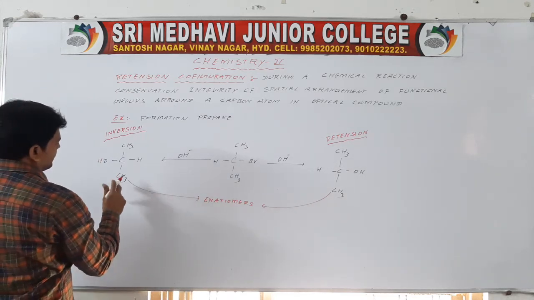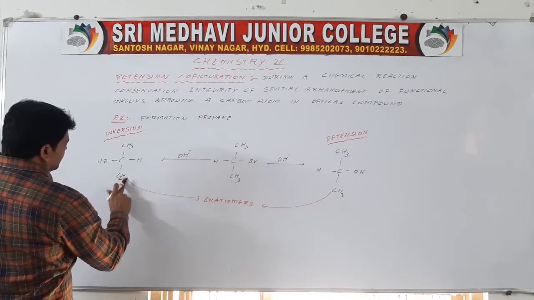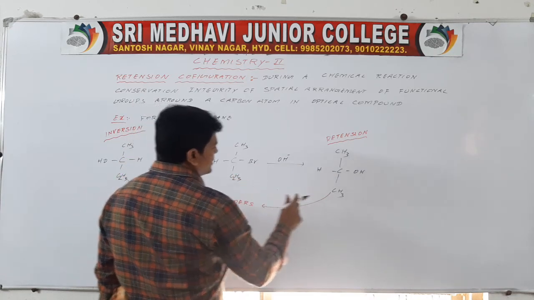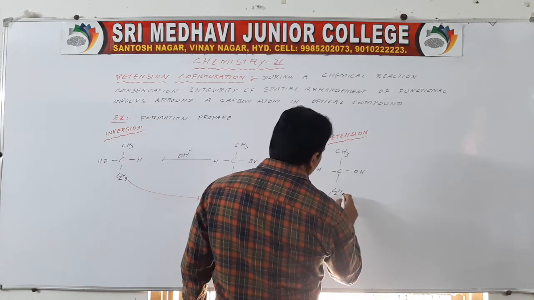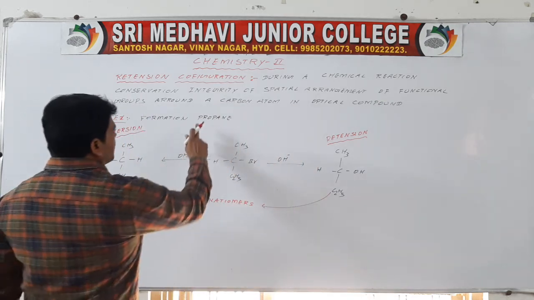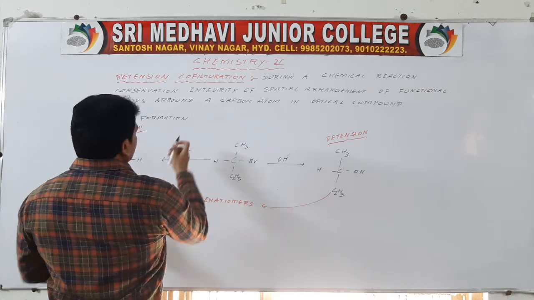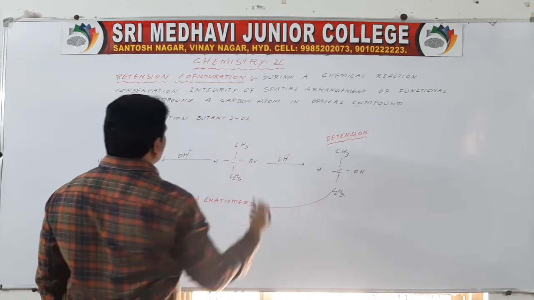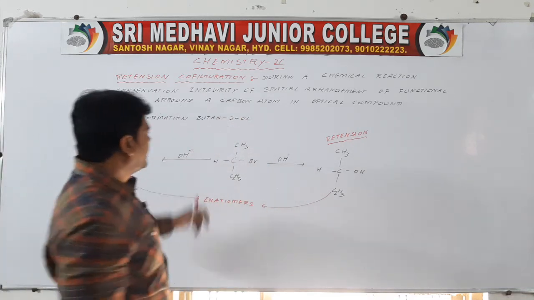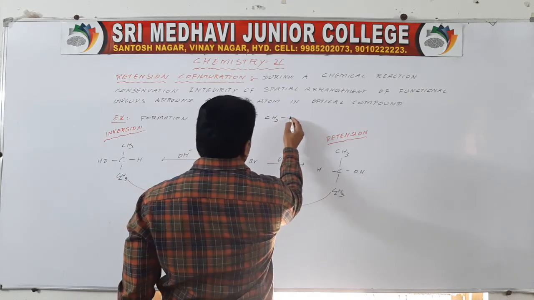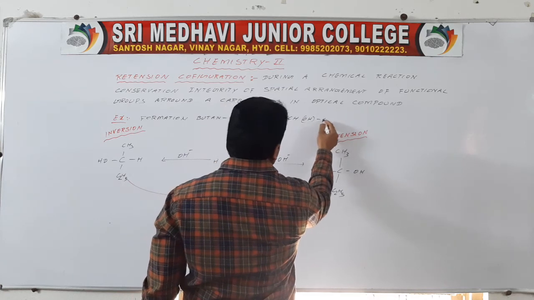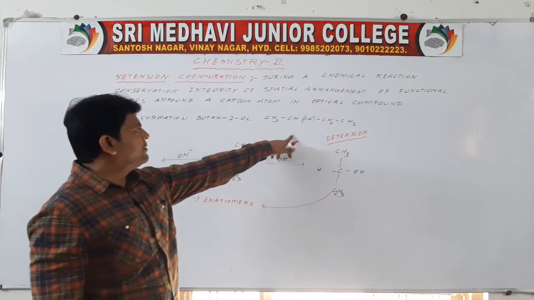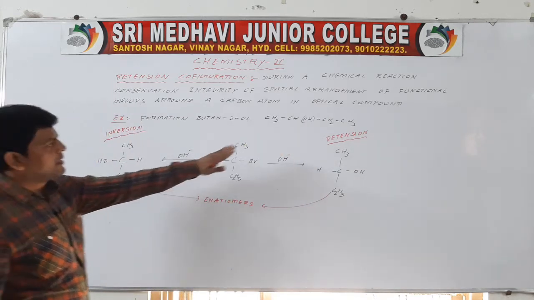If you take C2H5 here, it is the formation of butane-2-ol, CH3CHOHCH2CH3. Understand? Its formula is this. So this is inversion, this is retention.